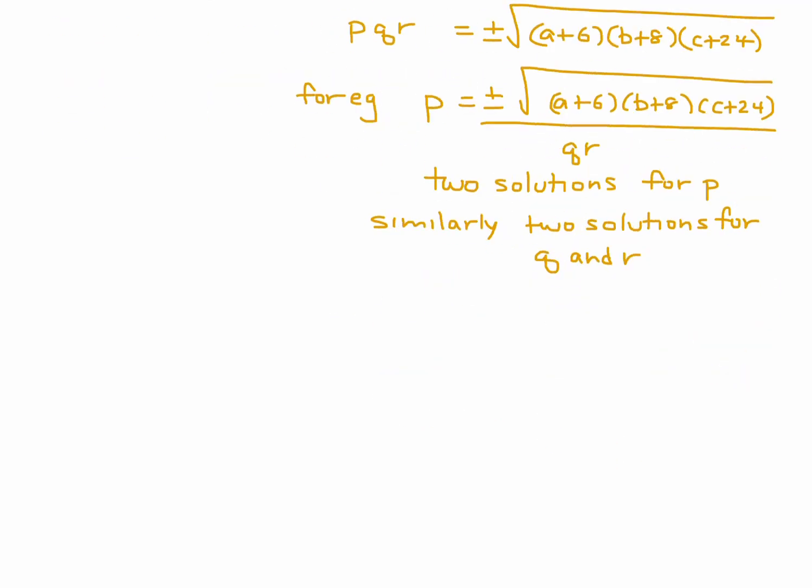All right, so now we move to case number 3. Case number 3 is the only thing that's left, which is a plus 6, b plus 8, and c plus 24 is equal to 0. That's the only other option we have. Okay, so this has to be discussed, and off we go.